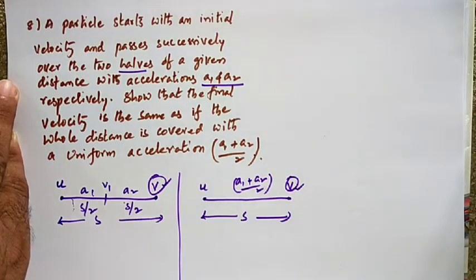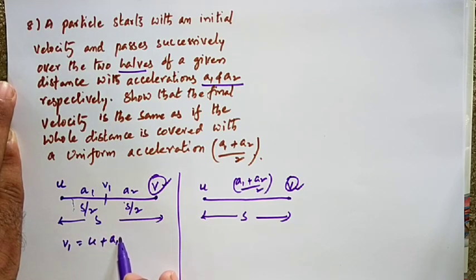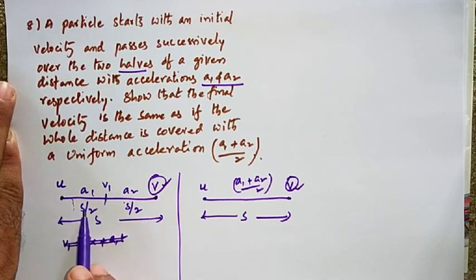Okay. Now see, first you apply in the first case v1 is equal to u plus at. So v1 is equal to u plus a1 into t. But we don't have time here, so that's why you cannot use this equation. Then use v square minus u square is equal to 2as.